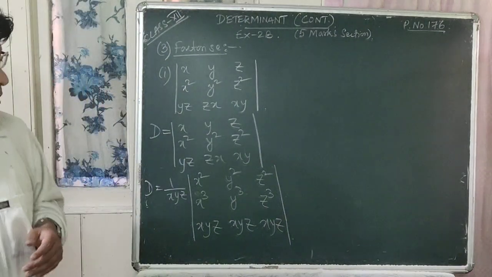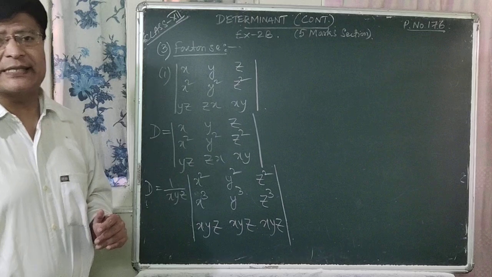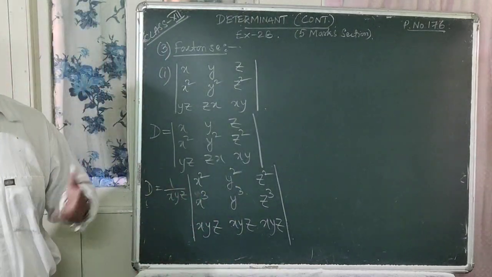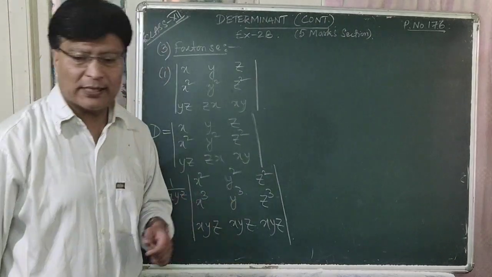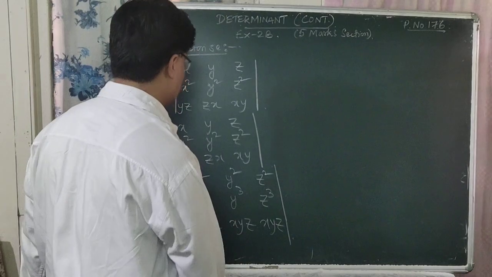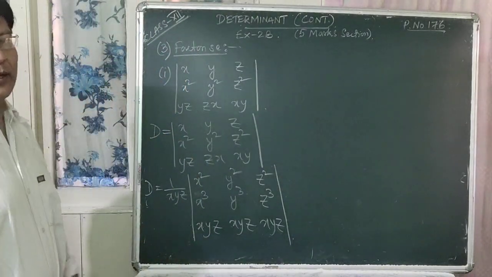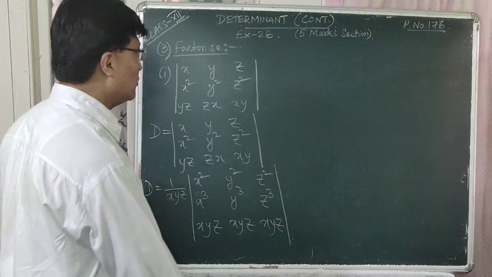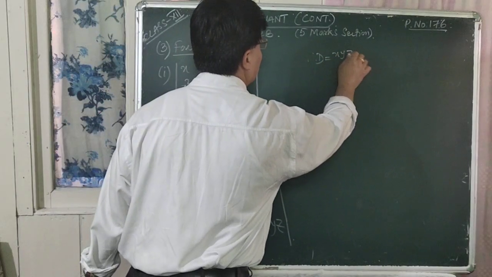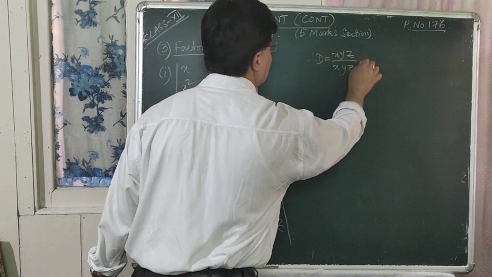Okay. Now again, what will you do in the next step? So in the next step, you can take that common from the third row, that is xyz is common in the third row. Okay, so take it outside determinant. So let us take xyz common. So therefore d is equal to xyz upon xyz.